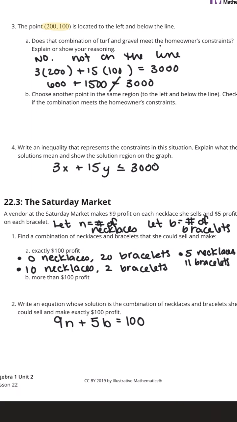To get more than $100, we could fill in a bajillion different combinations as long as it's more than any of the combinations we already have. So to turn that into an equation, we would have 9n plus 5b is equal to 100. That gets us exactly $100 in profit.